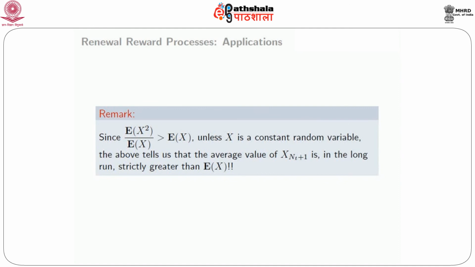By average value of X_{N(t)+1}, what we mean is that for any t, you integrate from 0 to t of X_{N(s)+1} ds, divide that by t, and then that ratio goes with probability 1 to E[X²]/E[X], which is greater than E[X]. So roughly, the average value of X_{N(t)+1} in the long run is greater than E[X]. This has something to do with the length of a renewal interval at time t seeming to be generally larger than a typical renewal interval.